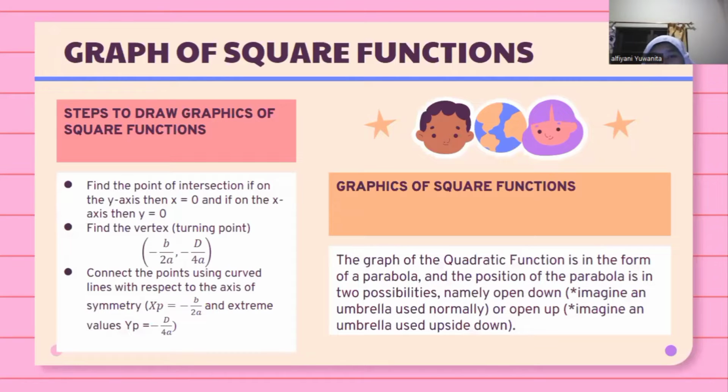The graph of the quadratic function. Steps to draw the graph of a quadratic function. First, find the points of intersection. If on the y-axis, then x equals 0, and if on the x-axis, then y equals 0. Second, find the vertex or turning point.